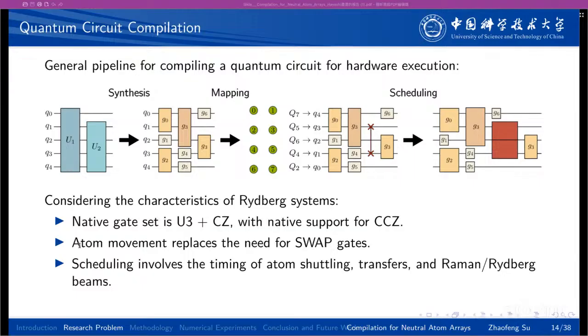And atom movement can replace the need for swap gates in the superconducting platform. The scheduling problem also involves the timing of atom shuttling transfer, and there are also Raman and Rydberg beams.